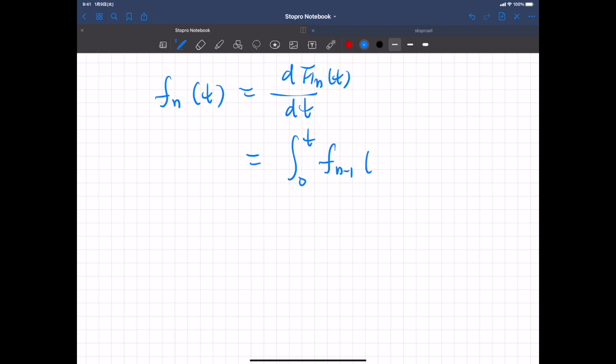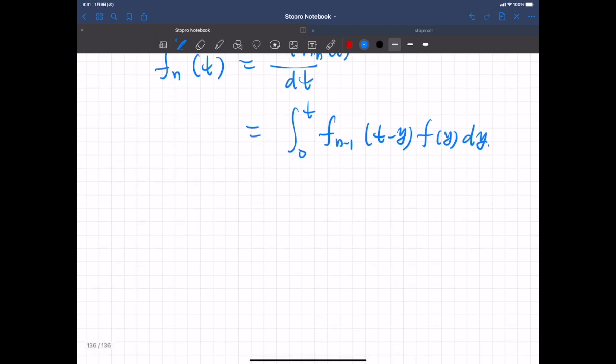And the integral of f of y dy. I think this should be trivial. For example, F2, if you calculate this way, F1 is the same as F, so it will be the integral of f of t minus y, f of y, dy.